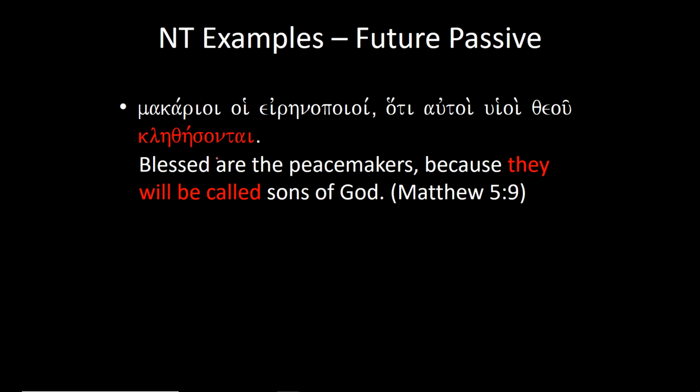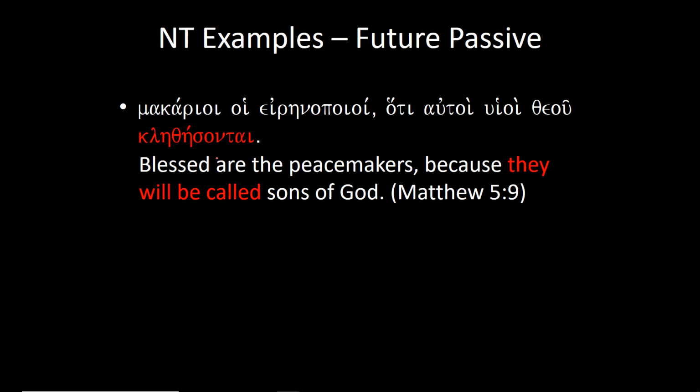Now here are some future passive examples. Makarioi hoi eirēnopoioi. That word makarioi means blessed. It occurs in the Beatitudes, put up at the front for emphasis. Blessed are the peacemakers. You see the word eirēnē in there for peace.